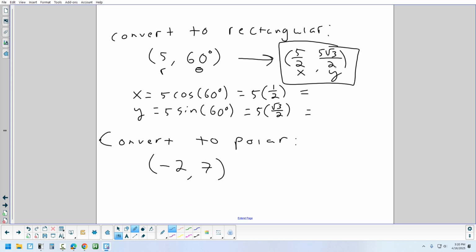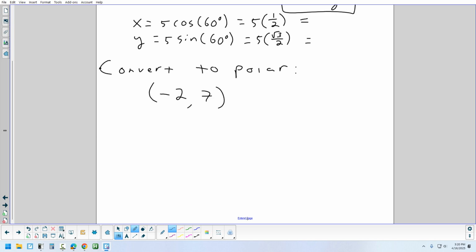All right. So any question on changing from polar to rectangular? Okay, so probably I'll take 2, maybe 2 of those. And then 2 of these, convert to polar. All right, so if that's convert to polar, what does that mean that they're giving us here? What's the negative 2 and then what's the 7? Yeah. Negative 2 is x and 7 is y.